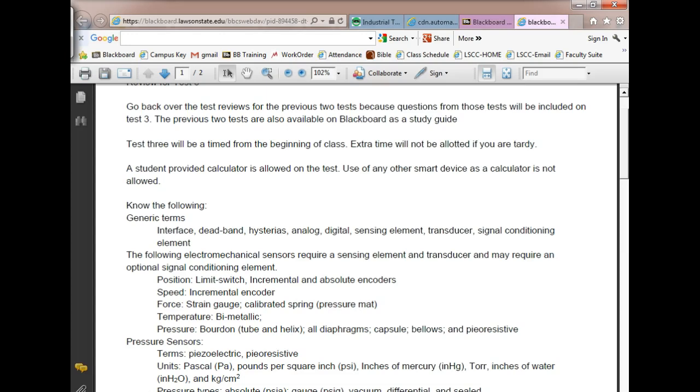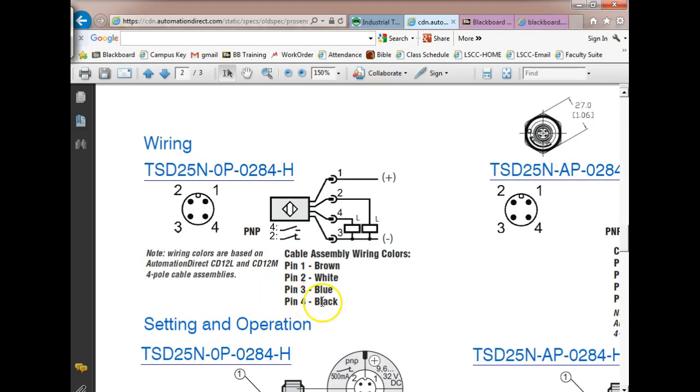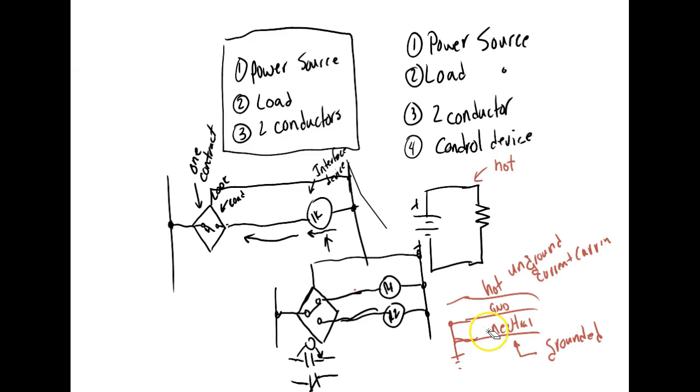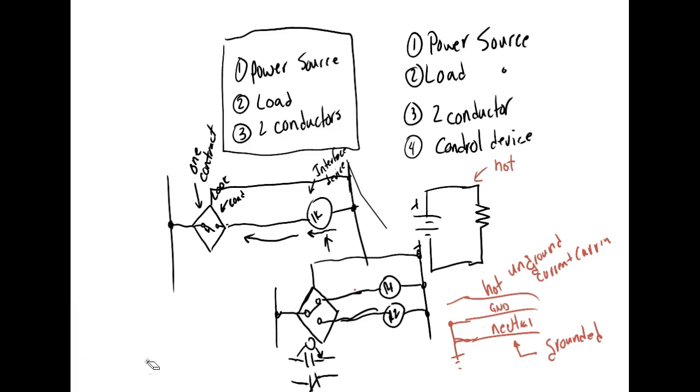So hysteresis is usually the difference between when it energizes and when it de-energizes.